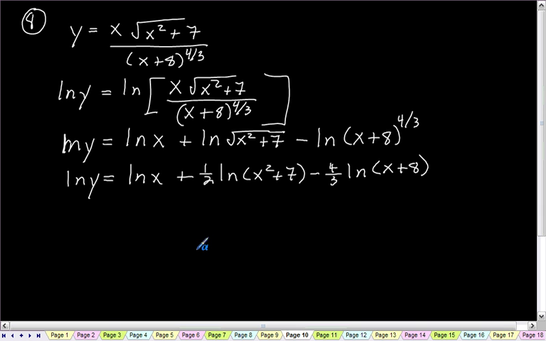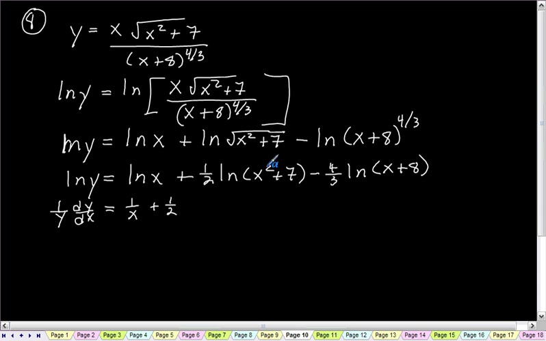Now I can take the derivative of both sides. If I take the derivative of this, it becomes 1 over y, dy/dx. The derivative of ln x is 1 over x. This becomes 1/2. What's the derivative of ln of that?